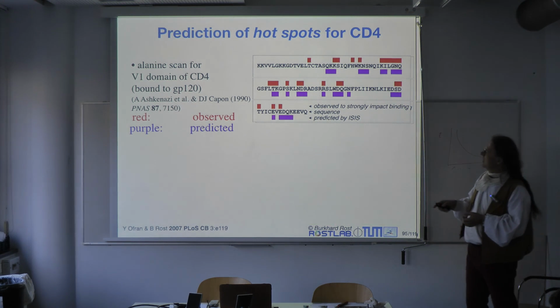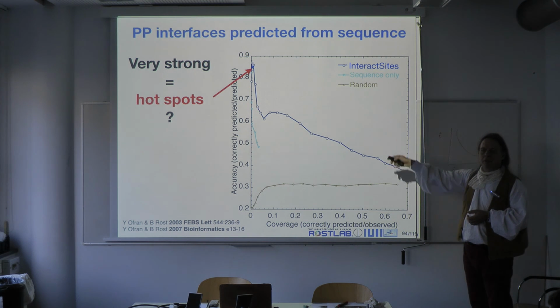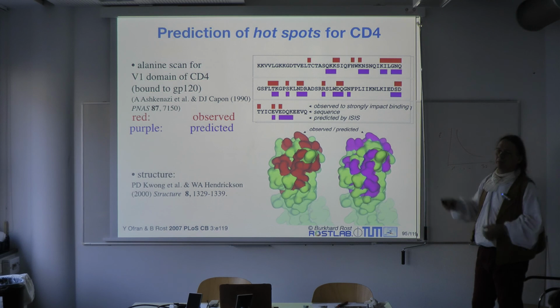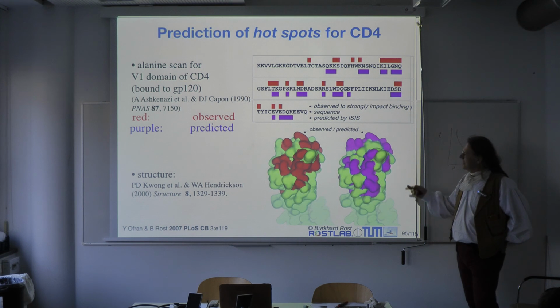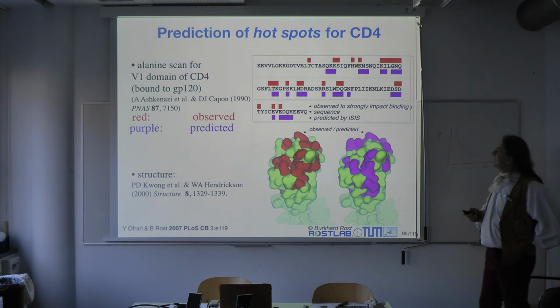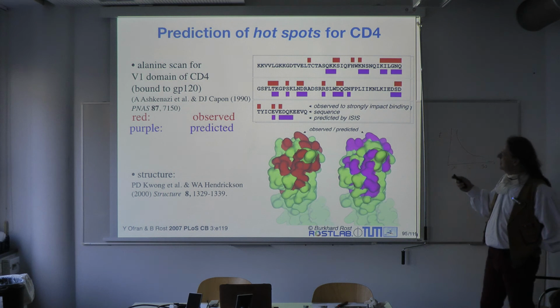So you pick only the top ones, I can't remember where he put the threshold, and the very top is purple. The structure here is just shown for illustration. It was not actually used for the prediction. You already see that the purple and red have a very, very strong similarity.